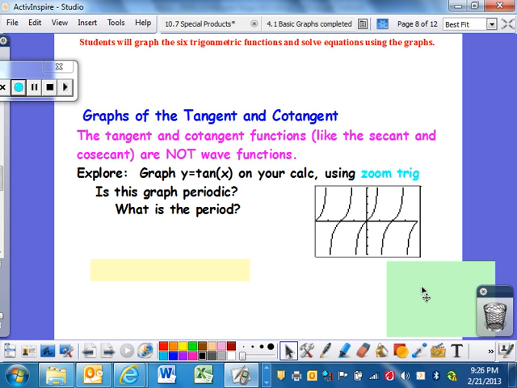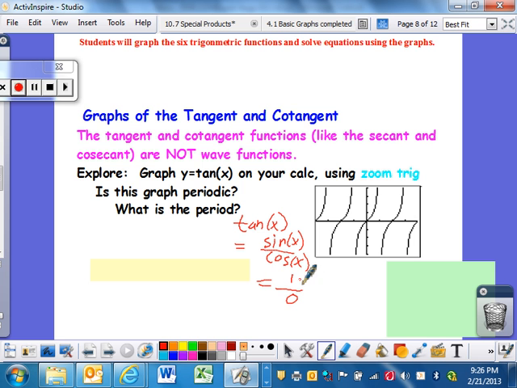So why is that? Well, if we look at tangent, tangent of x is equal to sine of x over cosine of x, and we know that cosine is 0 at pi over 2. If we plug pi over 2 in for both of these, we find that this is 1 and this is 0.